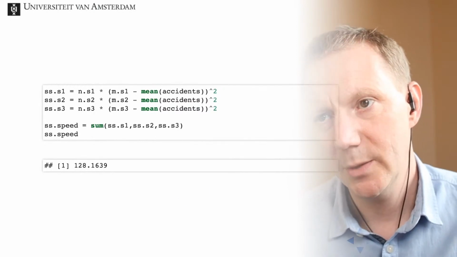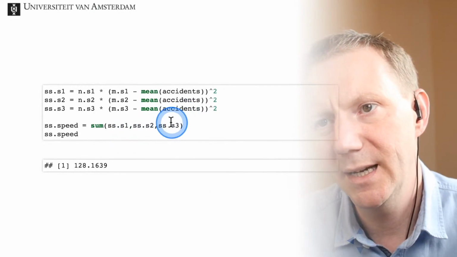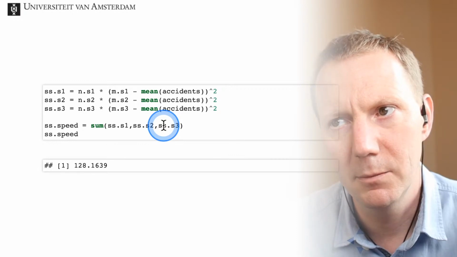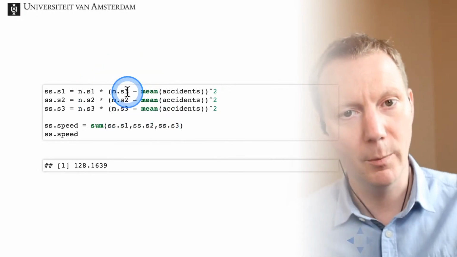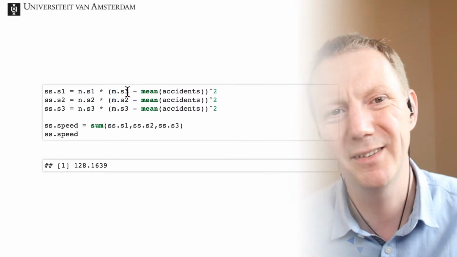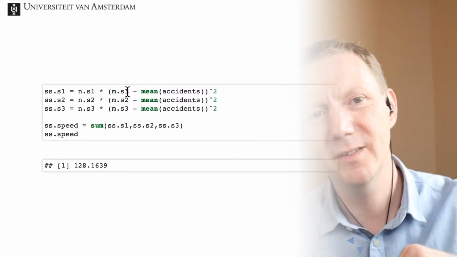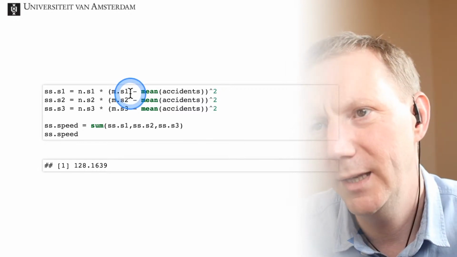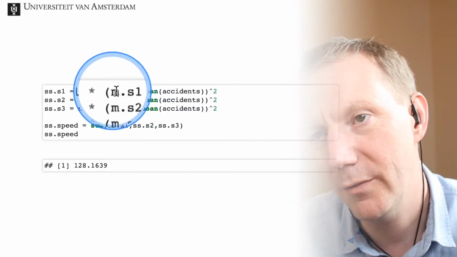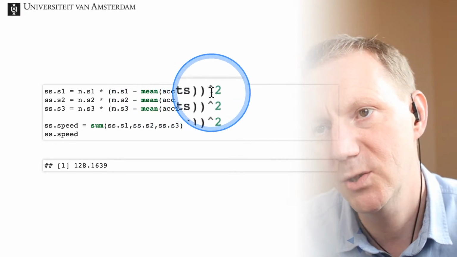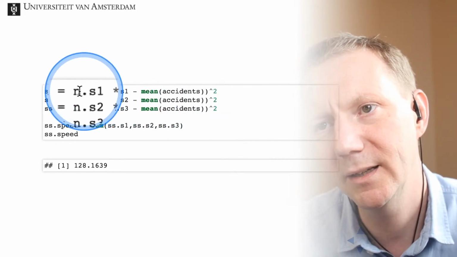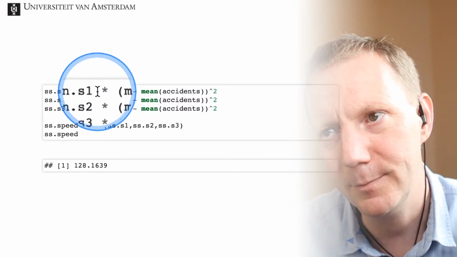Calculating the sums of squares is the same trick again. We're looking at the mean within this group, so the mean where we combine everything and only look at the no speed condition. We look at the difference of that mean with the total mean, square this, and multiply it with all the people that are in there.